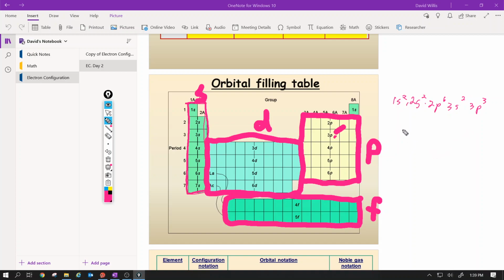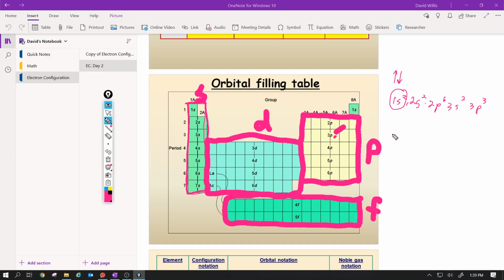There's another notation. You remember I told you yesterday that each orbital can only hold 2 electrons, and that those electrons must have opposite spins. We said that we could just call it an up spin and a down spin.